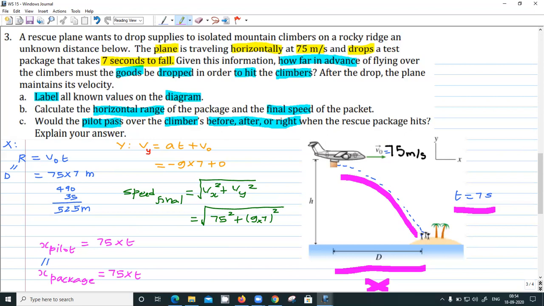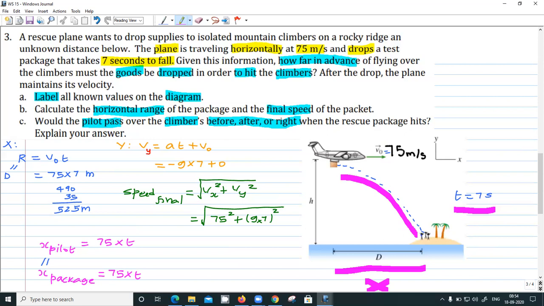Then x is going to be 75 times 7 plus 0. So x is just going to be 525. So my distance, my range, is 525 meters.